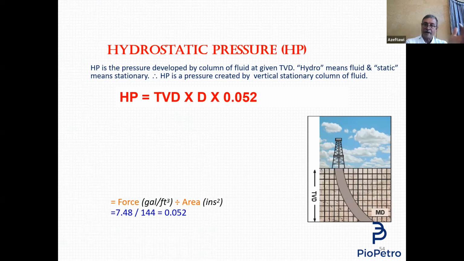The capacity with barrels per foot. This is the API units. But if I'm using another standard like SI units, then the formula will change. It will be hydrostatic pressure equals rho g h. But this is not the case here as we use API units.